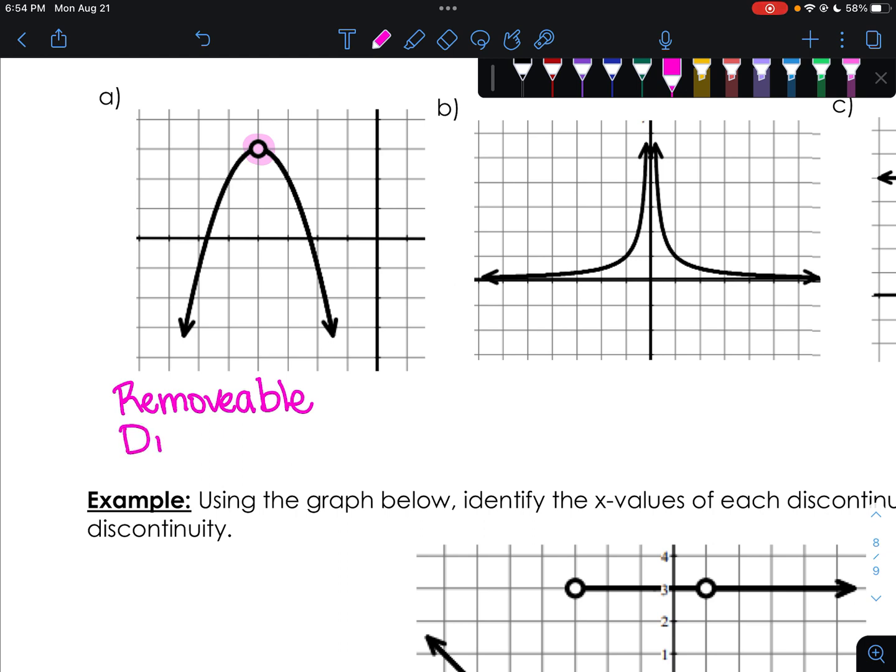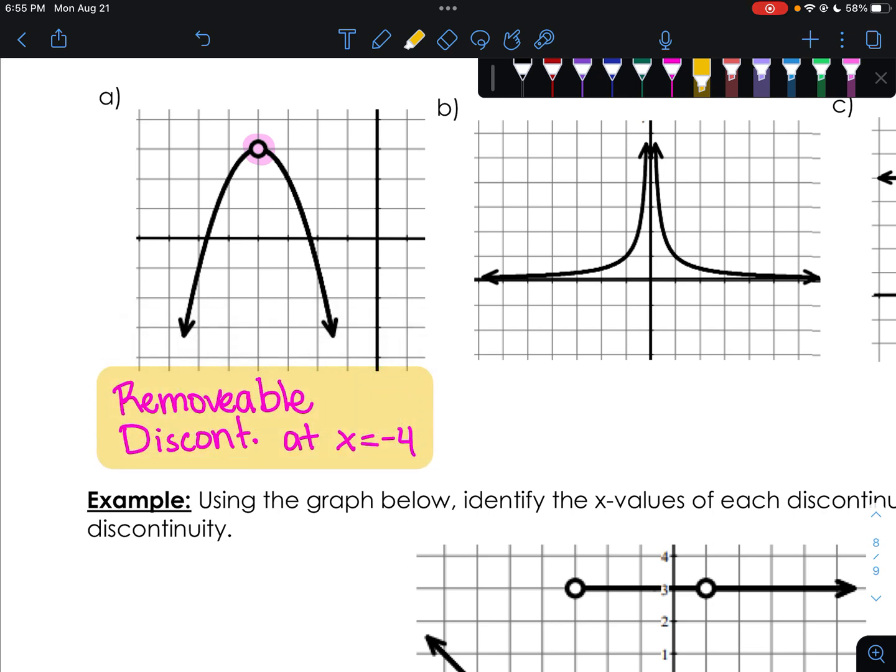So I'm going to abbreviate. And it's going to be at x equals, and this x value is -1, -2, -3, -4. So at x equals -4. And that would be the type of discontinuity this graph has.